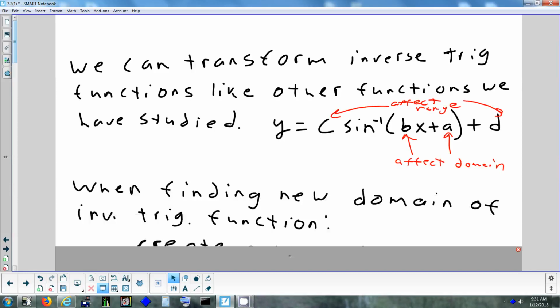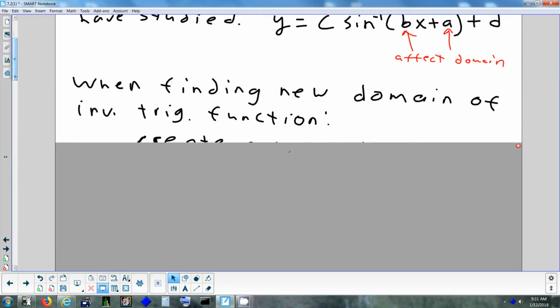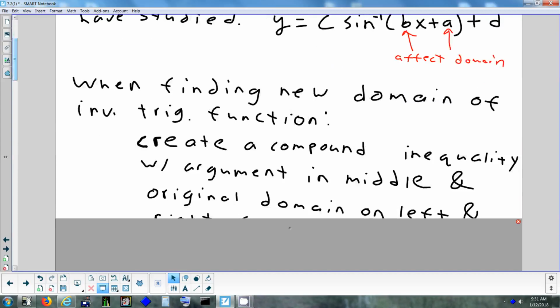So I'm going to show you how to find the domain first. The way you find the domain of an inverse trig function that's been transformed is you start with the argument in the middle. You're going to make a compound inequality, something of that form.